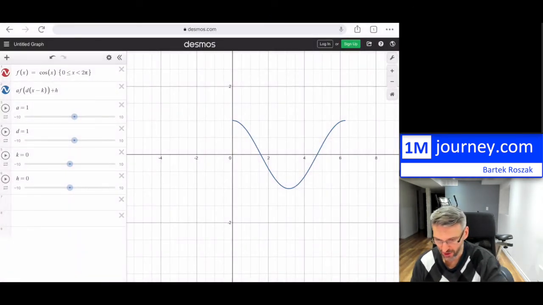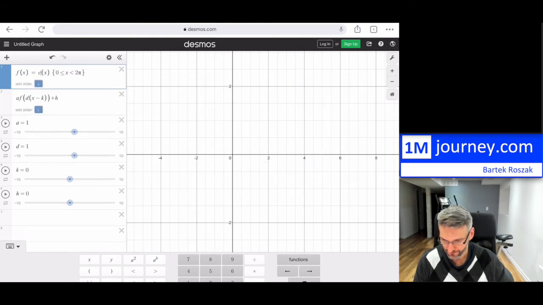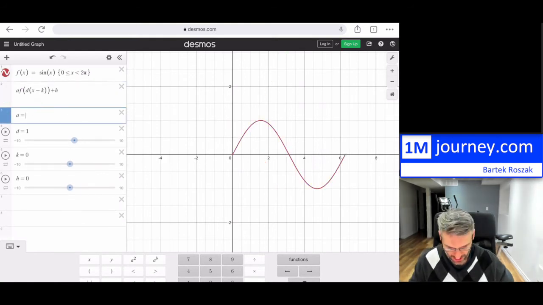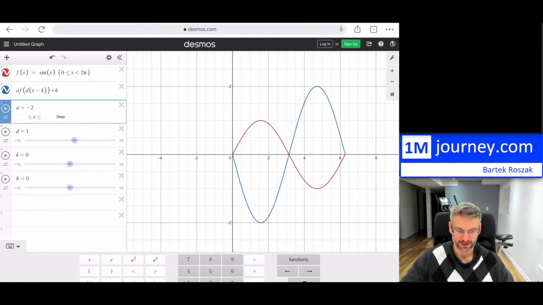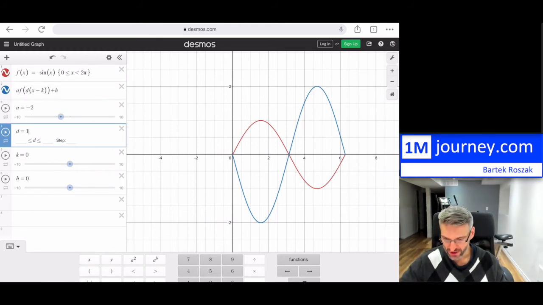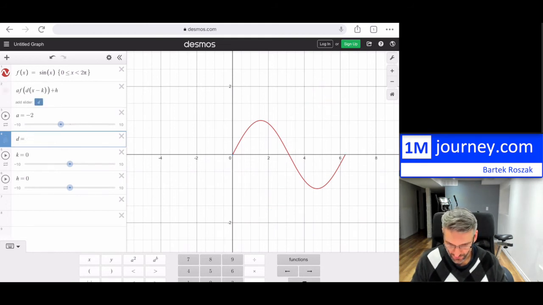So let's go back to our sine. And now our a, this was -2. All right, notice so far so good. Notice the amplitude increased and then it was a reflection. Our d right here, our d was 3.